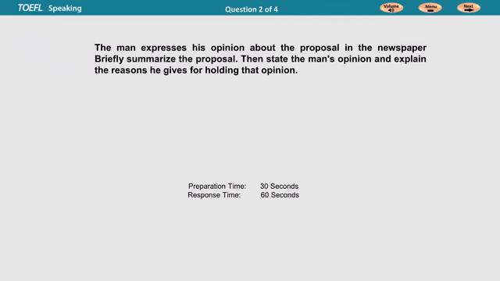The man expresses his opinion about the proposal in the newspaper. Briefly summarize the proposal, then state the man's opinion and explain the reasons he gives for holding that opinion.